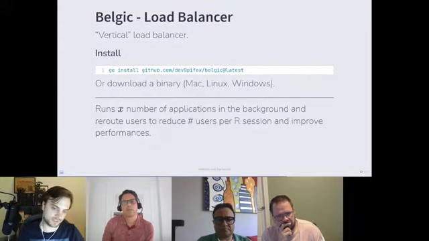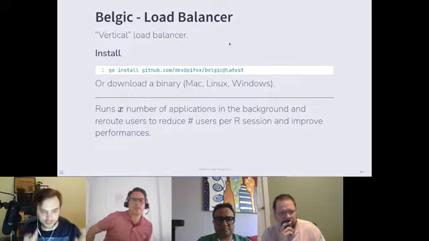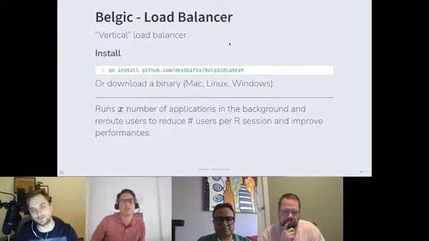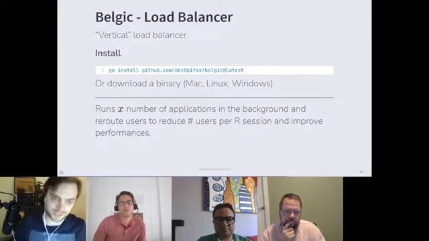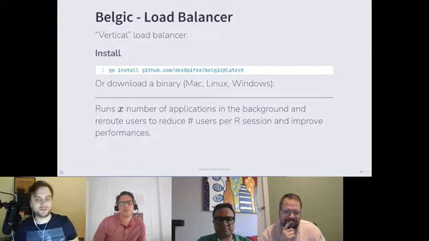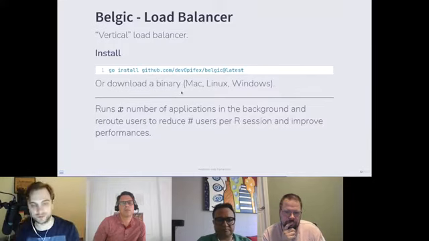Then as part of this ecosystem, as I call it at least, there is a load balancer. A vertical one, as in it's going to run on a single machine. I haven't reinvented Kubernetes here, of course, but it can help you, I think, make the most of whatever machine or pod or whatever it is that you're using. So it's written in Go. You can install it like this, or you download one of the binaries.